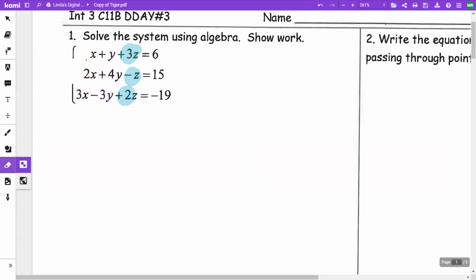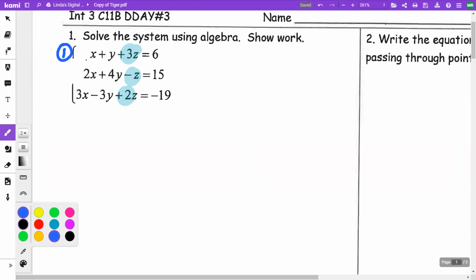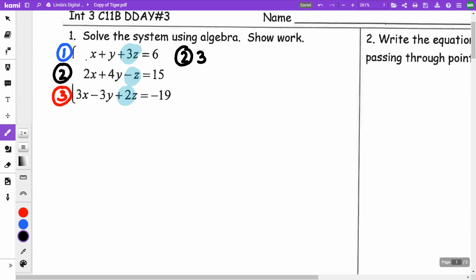So let me focus on my z's. I'm going to call this one equation 1, this one equation 2, this one equation 3. So I am going to take equation 2, and the first thing I'm going to do is multiply it by, let's say, 3.